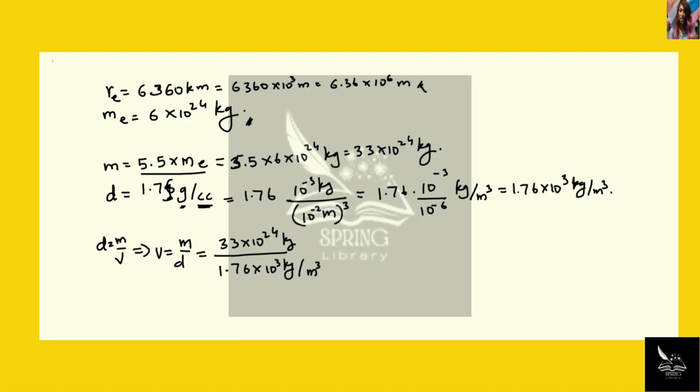As you can see, if you write down units even when you are doing calculations, you'll easily rectify if you use the proper units. When you use the proper units, you can cancel them, and you can see that our volume will turn out to be in meter cubes, which is good. Now, by plugging this into a calculator, we can see that this is equal to 18.75 into 10 power 21 meter cubed.